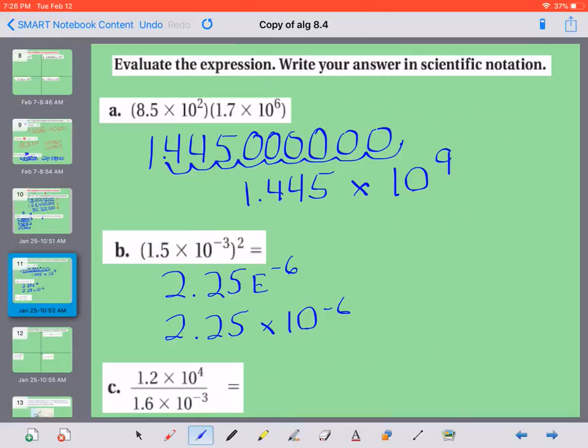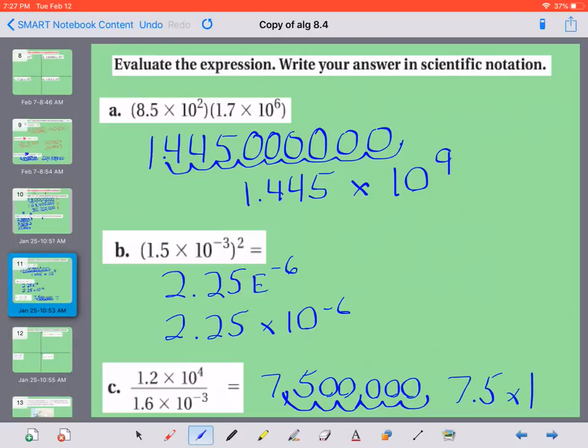In our calculator, we will get 7,500,000. That in scientific notation, well, I'm going to move my decimal point 1, 2, 3, 4, 5, 6 spaces. So 7.5 times 10 to the 6th power.